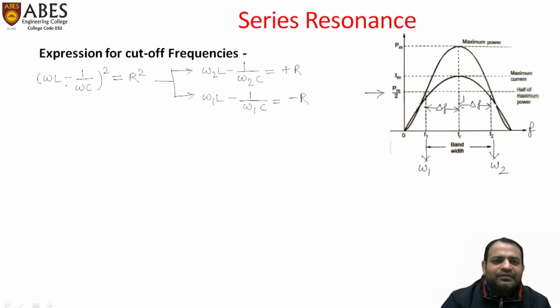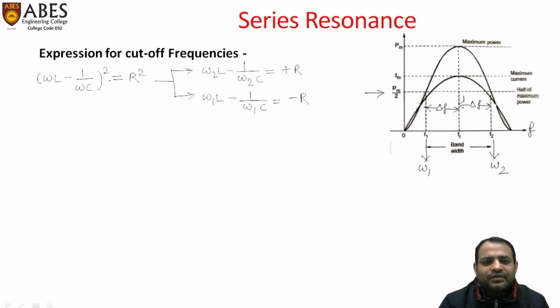So when we are considering omega L minus 1 upon omega C whole square is equal to R square, we are having two frequencies, correspondingly omega 1, omega 2.